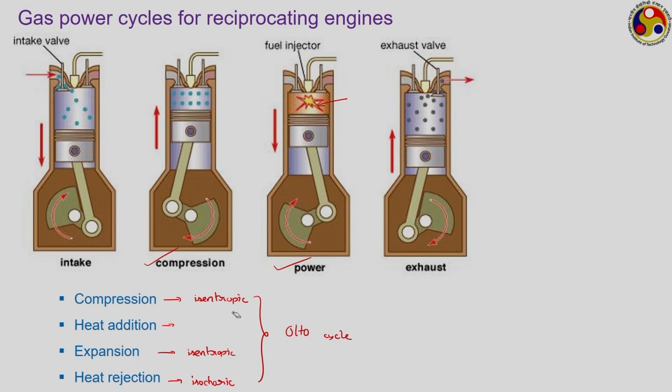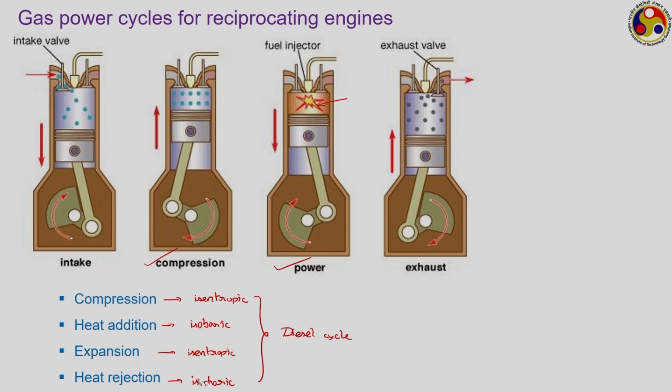Whereas, when the heat addition process is assumed to be isobaric, that is happening at constant pressure, whereas heat rejection remains isochoric, then the cycle that we get we call the diesel cycle. This is the ideal cycle for the CI engines.